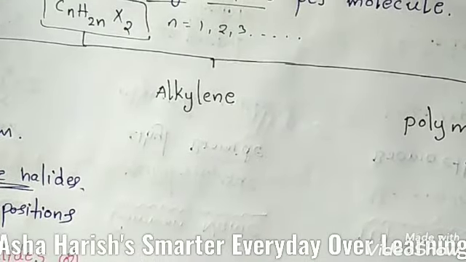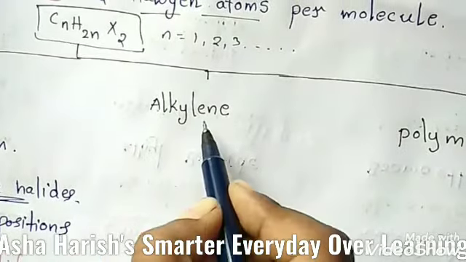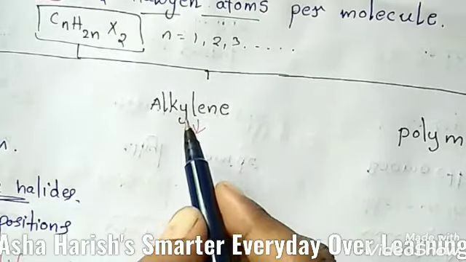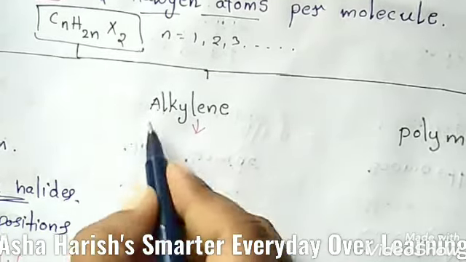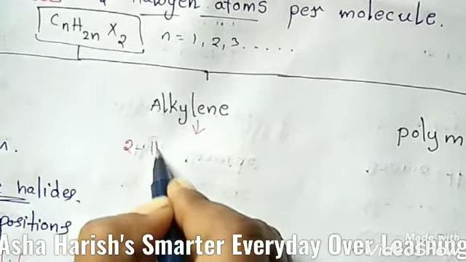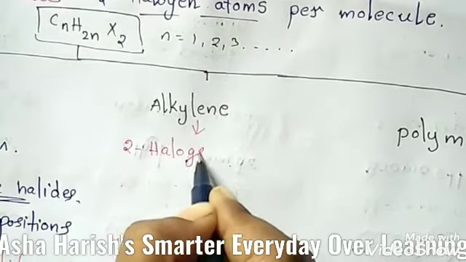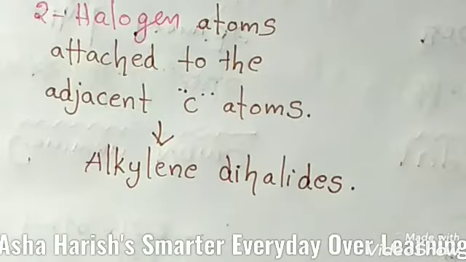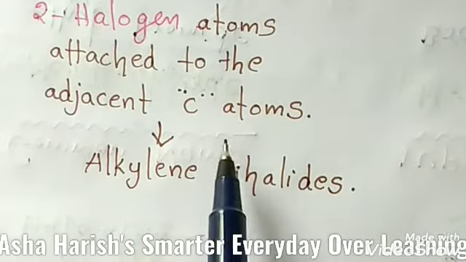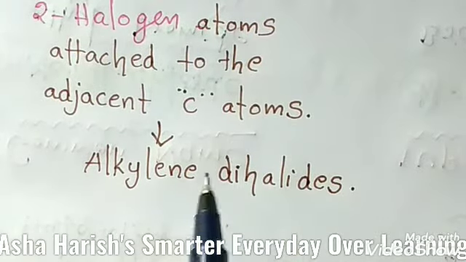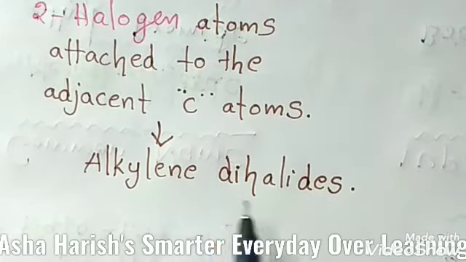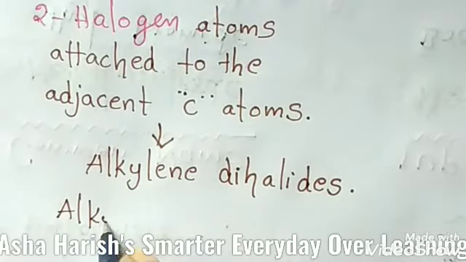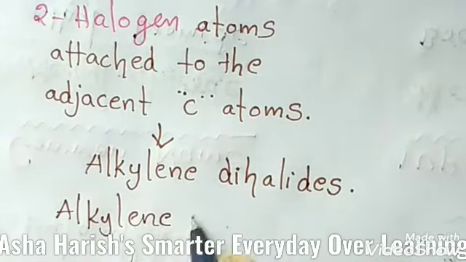These are dihalogen derivatives of alkanes in which the two halogen atoms are attached to adjacent carbon atoms of the chain, called alkylene dihalides, or simply alkylene halides.